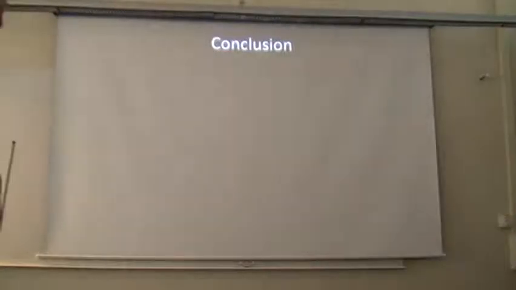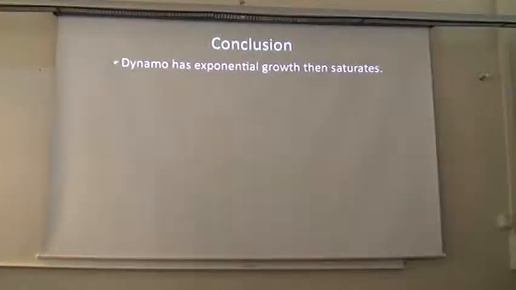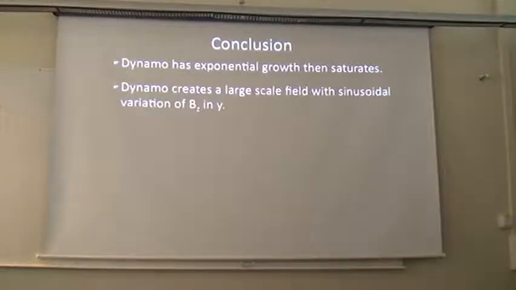Okay, coming to the conclusions. With my model, I can create a dynamo by forced turbulence, and the magnetic field grows exponentially and then saturates. You get a large-scale field in BZ.